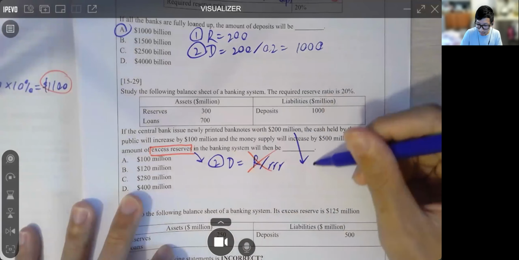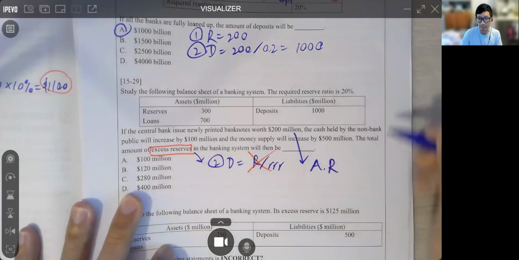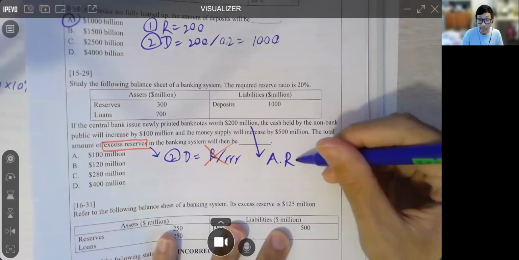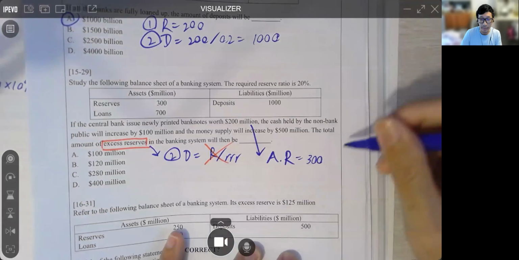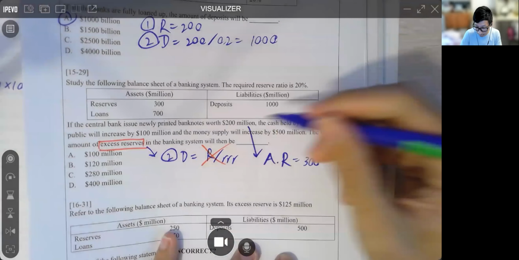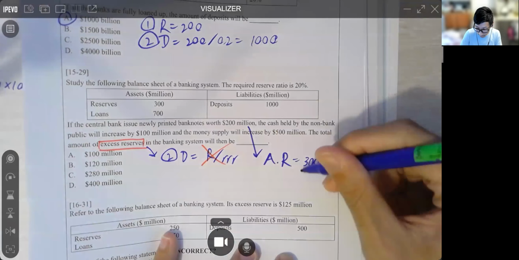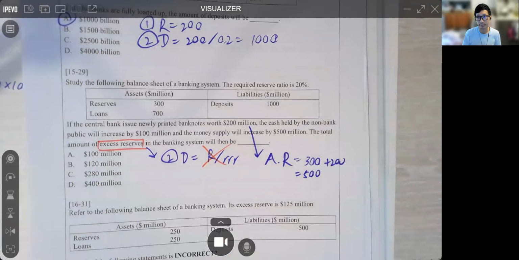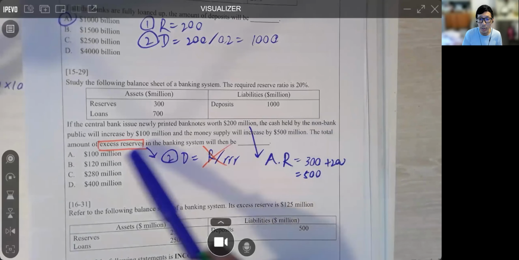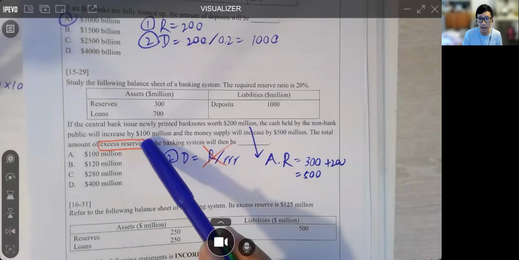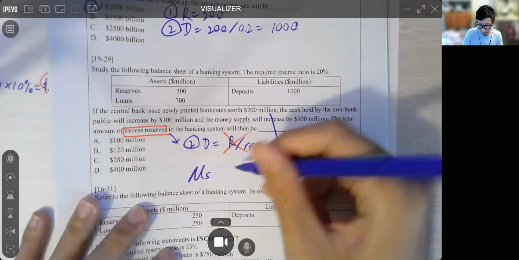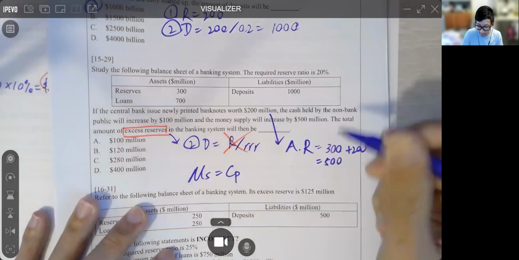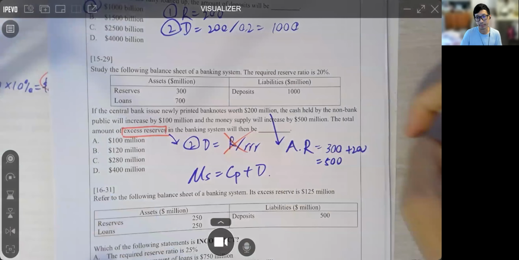We know A, reserve. 我哋計咗 reserve 先，因為而家真係多咗錢落嚟啊嘛。Used to be 300. Now we have 200 more. So we have 500 reserve. Okay. And the cash held by non-bank public will increase by 100. Okay. 我哋諗諗啦。Money supply equals to CP plus deposit.